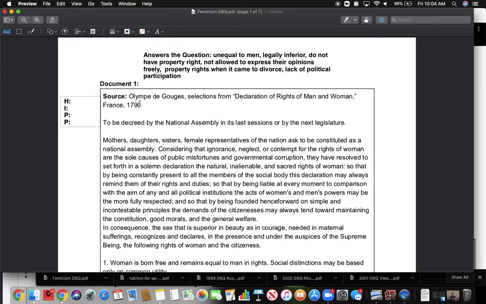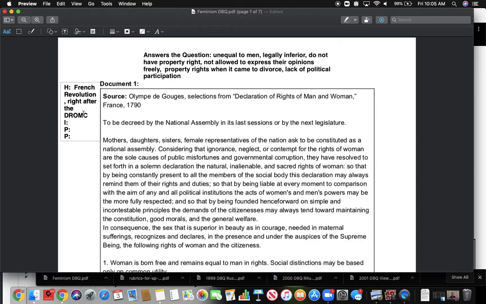Well, this is 1790. This is smack dab in the middle of the French Revolution. So one of the first things you want to write is this is happening in the French Revolution. This is right after the signing of the Declaration of the Rights of Man and Citizen, that document that the National Assembly created outlining all of the rights of all of the people of France, declaring people equal, eliminating social hierarchies, saying that France is going to be this republic.